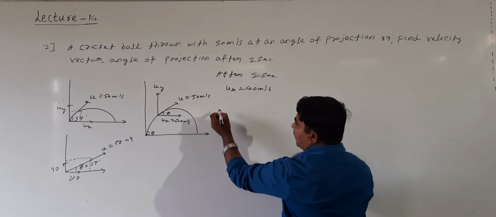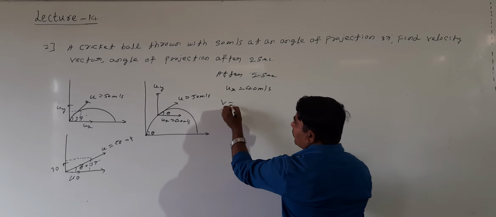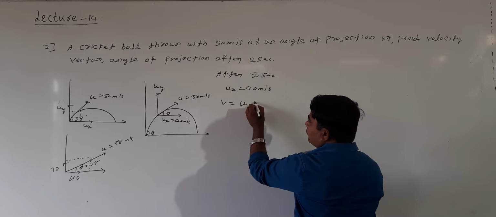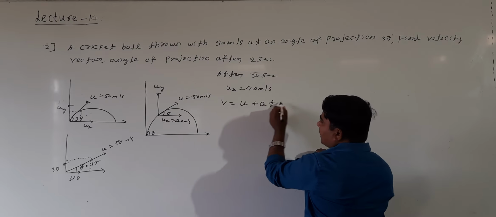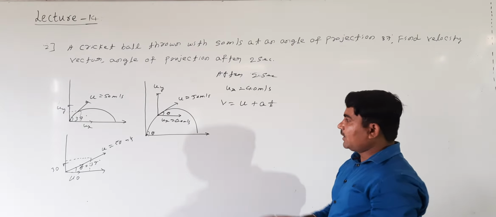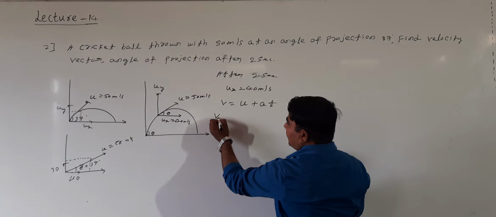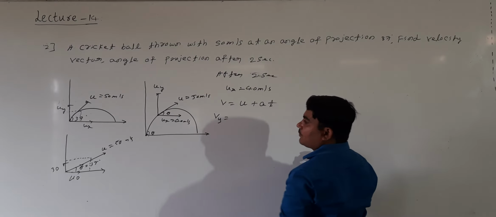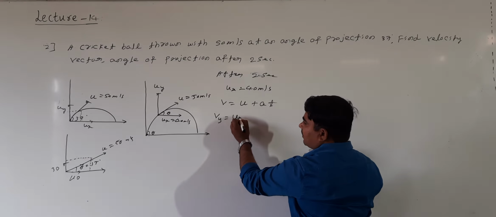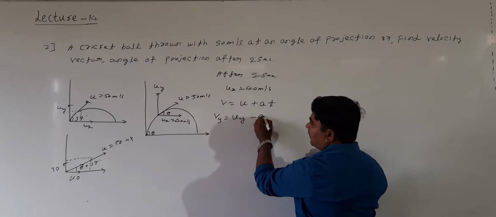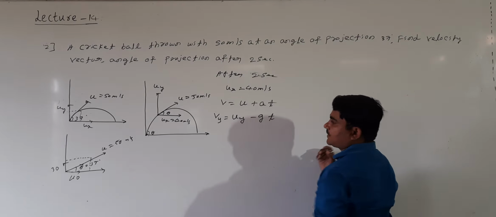But what about uy? Shall I make it an equation? V is equal to how much? V is equal to u plus at. Along the y-axis, v can be replaced by vy. U can be replaced by uy. A can be replaced by minus g, and t keep it the same.